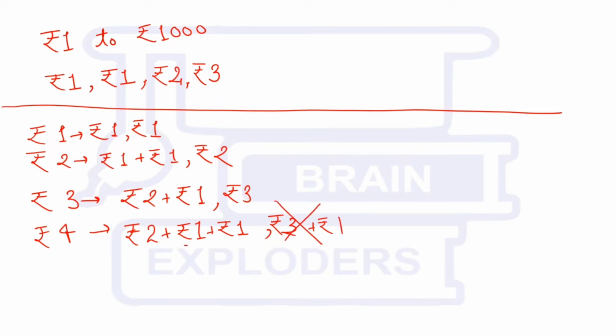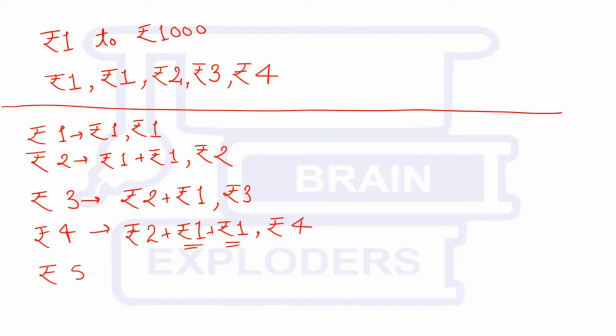Because here you have used both the currency notes of rupees 1 with 2, so no currency note of rupees 1 will remain. Hence you cannot pay rupees 4 in two ways with this much of currency notes, so you must include one currency note of rupees 4 also. Now you can do it in two ways.